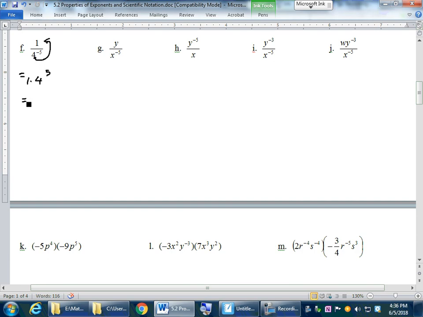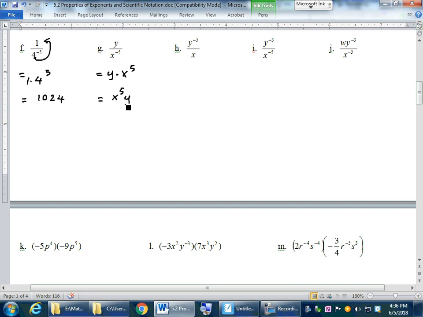If you use a calculator, 4 to the 5th power will become 1024. And times 1 is just 1. Similarly, right here, that will become y times x to the 5th power when I change it into a positive exponent, which when you rewrite it, will be x to the 5th power times y.